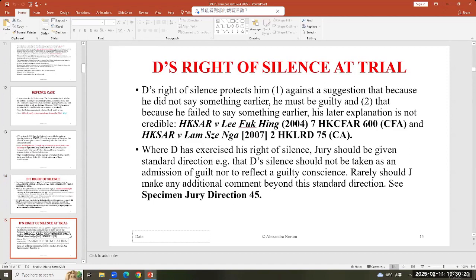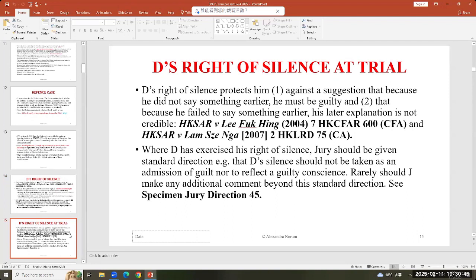Let's carry on. So what do we mean exactly by the right of silence? It protects the defendant really in two aspects. Firstly, I think as humans, our natural assumption is that if somebody accuses you of doing something, if you actually didn't do it, you would defend yourself, right?